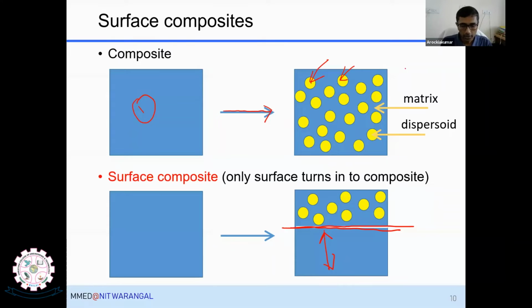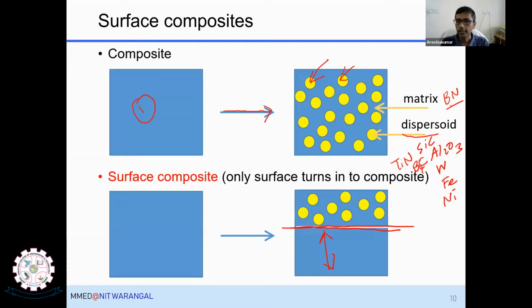The dispersed phase may be silicon carbide or alumina, or it can be tungsten, iron or nickel. So it can be a pure metal, or it can be a ceramic particle like silicon carbide, alumina, titanium nitride, boron carbide and boron nitride.